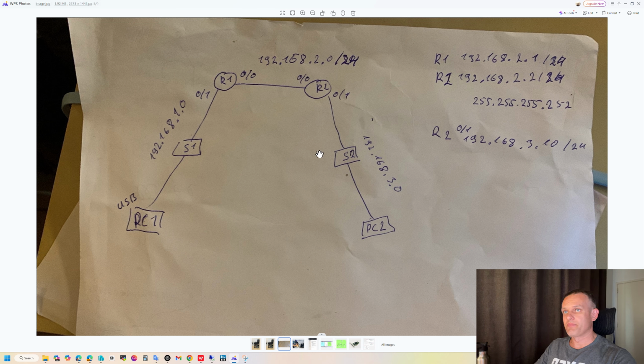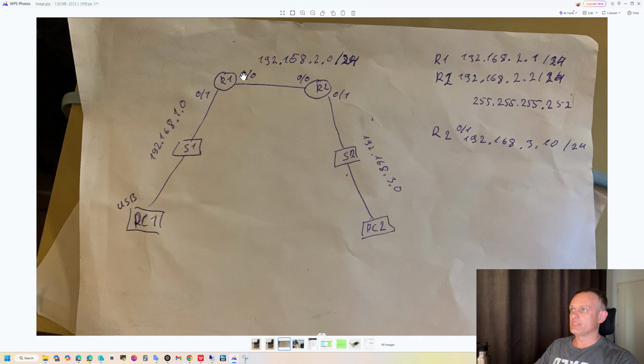From here you can see, for example, this network 192.168.1.0, then the same for 2.0/24. I understand all of them are /24, and here also 3.0/24. Here he also wrote R1.